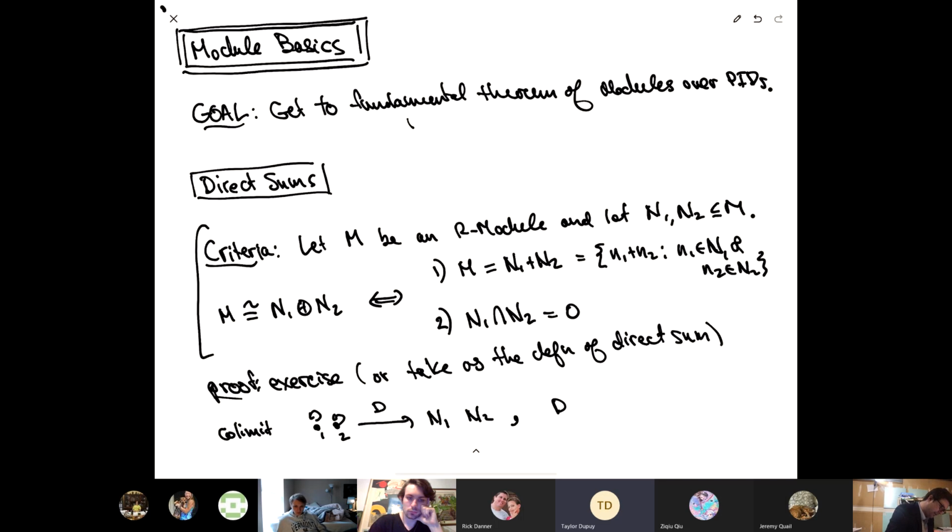And then D of the first dot is N1, and D of the second dot is N2. And then you take the colimit of this diagram, which means you take the cocones, and you take the initial object of the category of cocones. And then you can check that this is the same thing that I was talking about with the tuples.